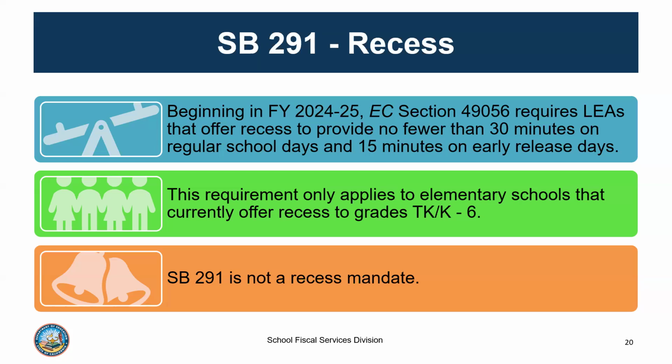EC Section 49056 defines recess as a period of time during the school day, separate and distinct from physical education courses and mealtimes, when students are given supervised and unstructured time for physical activity, play, organized games, and social engagement with peers. Recess time does not have to be offered in a single session and therefore may be offered via multiple sessions throughout the school day.